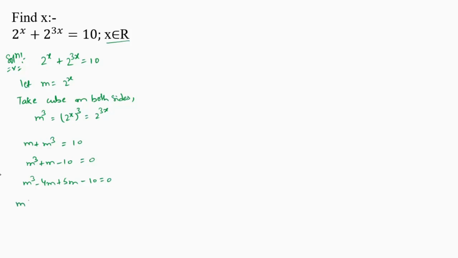Now take m common from the first two terms. We get m times (m square minus 4), plus 5 common from the last two terms, we get 5 bracket m minus 2 equals 0. As we know, a square minus b square equals a plus b times a minus b.